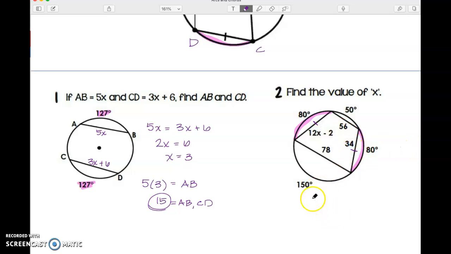Once I have congruencies, I can set those algebraic expressions and numbers equal to each other, and then solve for x. And that's what they asked us to solve for in this problem, so we're finished. You do want to be very careful when you're reading the questions and make sure that you're answering what they're asking, in that, do they want the length or the measure of something, or do they just want you to solve for the variable.